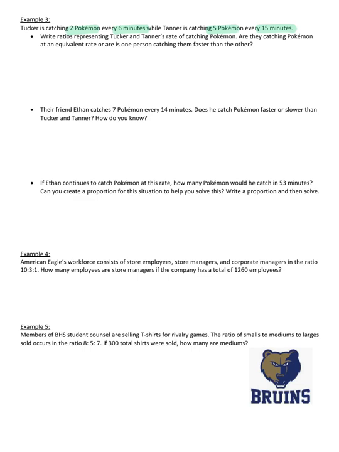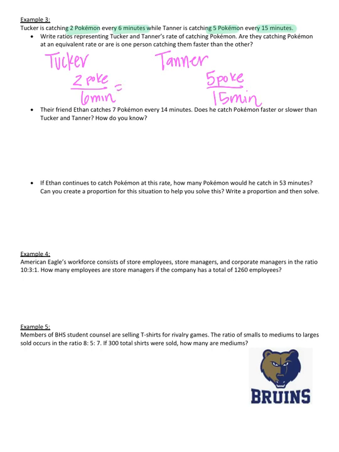So we've got Tucker and we've got Tanner. So Tucker is catching 2 Pokemon every 6 minutes. Tanner is catching 5 Pokemon every 15 minutes. Now we can see that our units are the same comparison, but we want to see if one ratio is larger than the other.